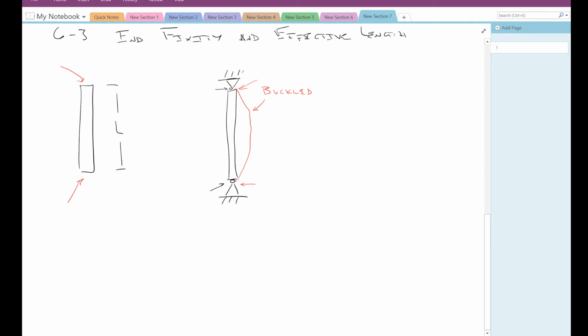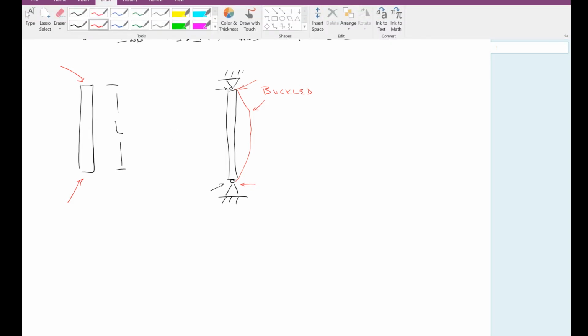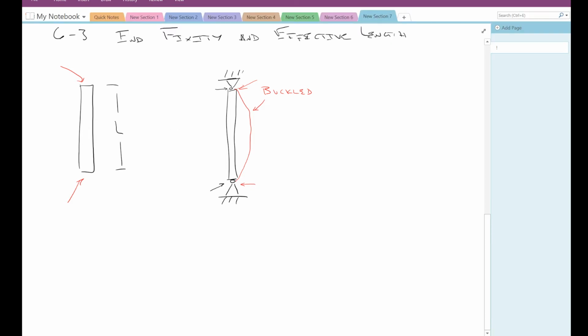If we denote the original length of the column to be L, as we previously stated, the theoretical and practical effective lengths can be calculated based on our constants.